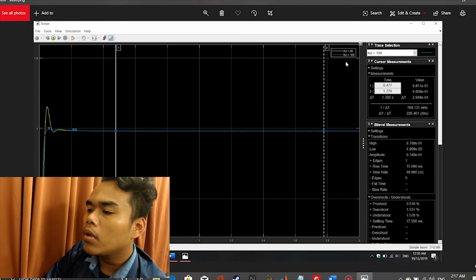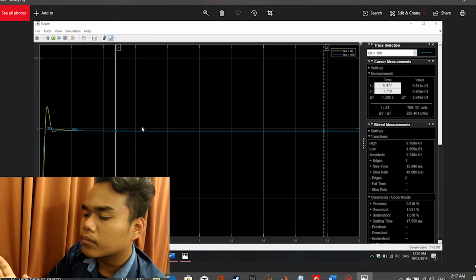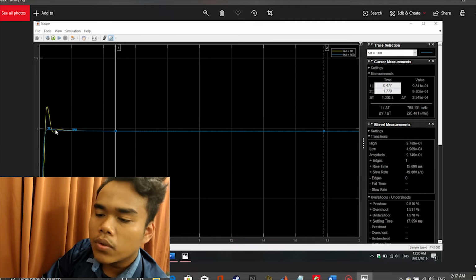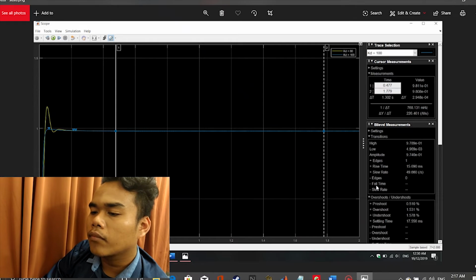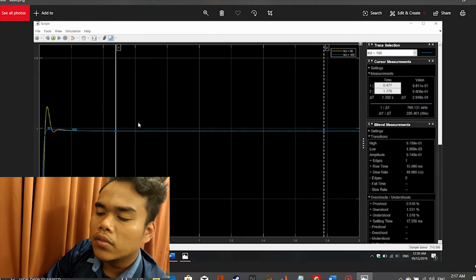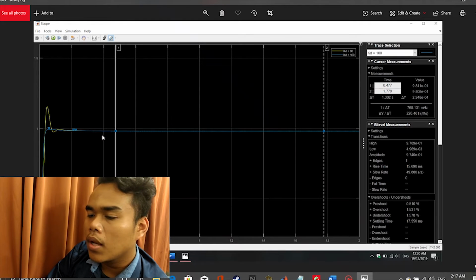But when I put the higher KD value for the blue graph, the overshoot is less than PD controller 1, the yellow one, and the settling time is also less. So from both graphs, I took the blue graph because it has less overshoot, and from the requirement we need the overshoot to be less than 5%.